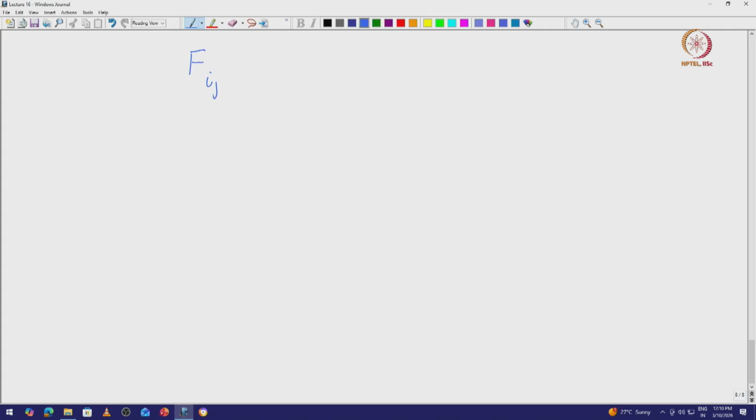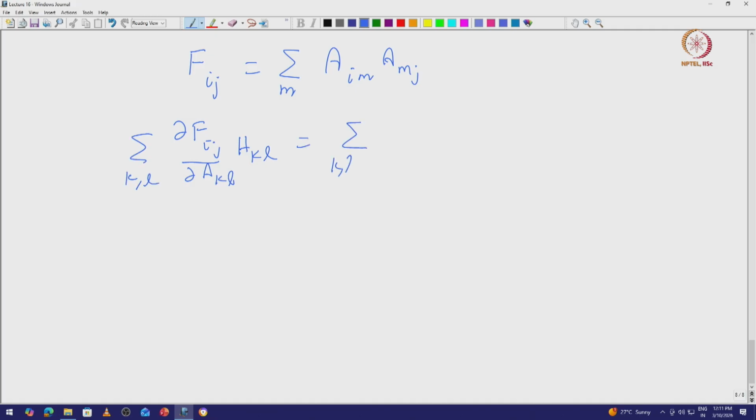So what is f_ij? It is the sum over m of A_im A_mj. So df_ij/dA_kl times h_kl is what? It's the sum over k, l and m of the derivative, times h_kl.